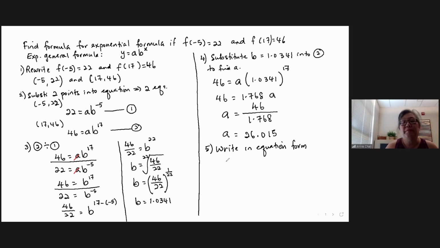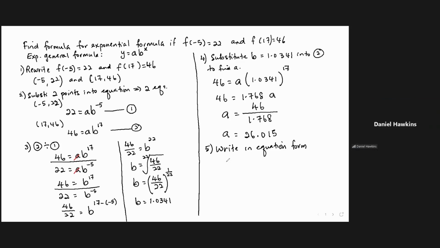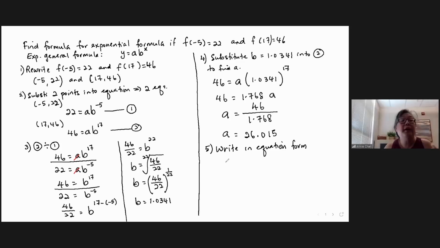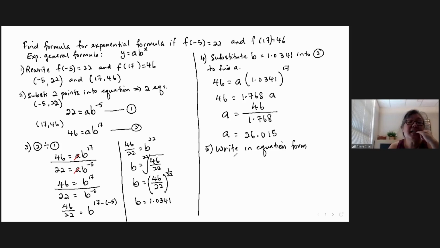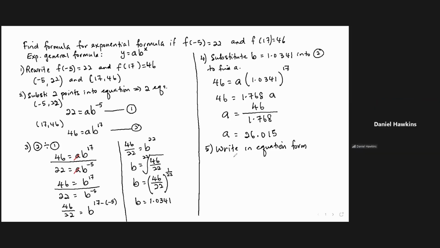What do we write? Do we use y and x now? Yes, I think. The equation is y equals a times b to the x power, but we're not substituting the points anymore, right?